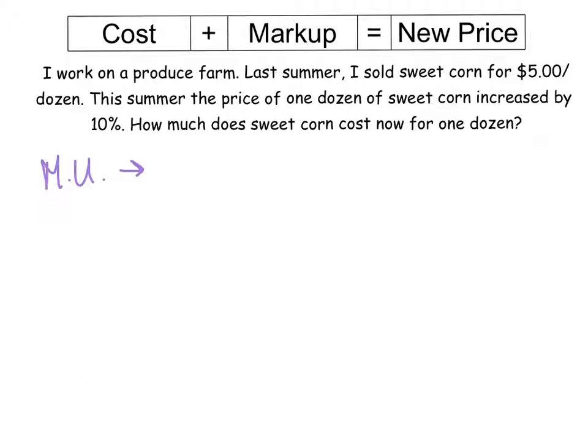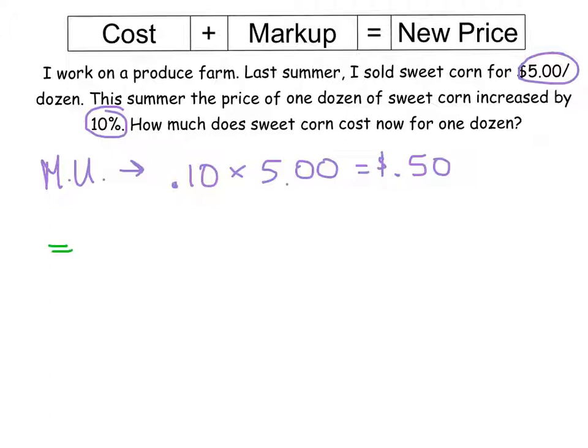So we take our percentage in decimal form, so 0.10, times the initial cost of $5. And we end up with 50 cents. We now have to take our markup and put it into our equation.